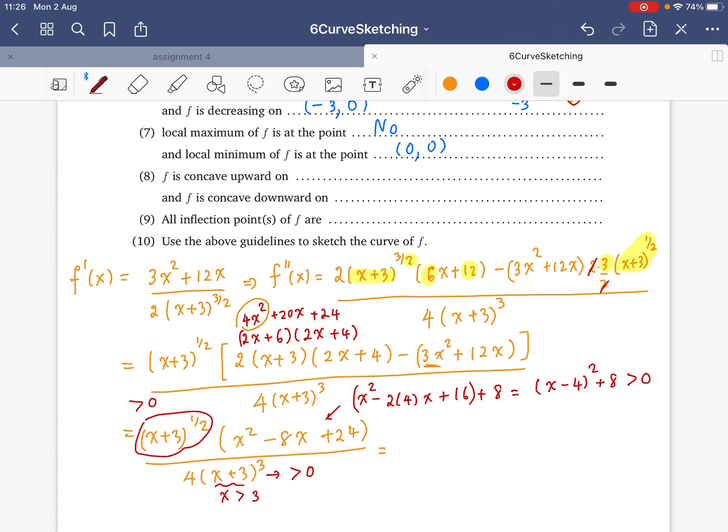So what does this mean? It means that your f double prime, this one is still your f double prime, is strictly positive all the way. Can you see?